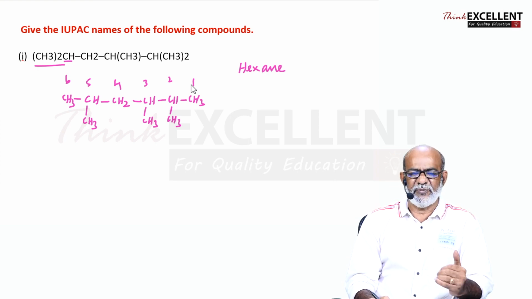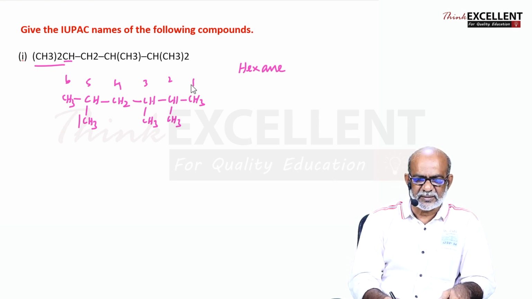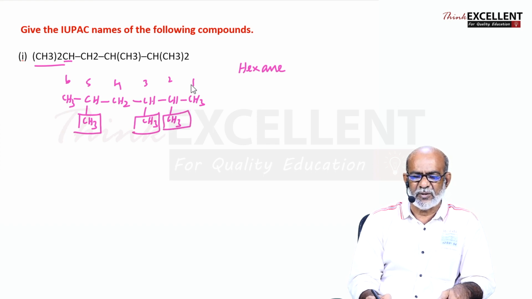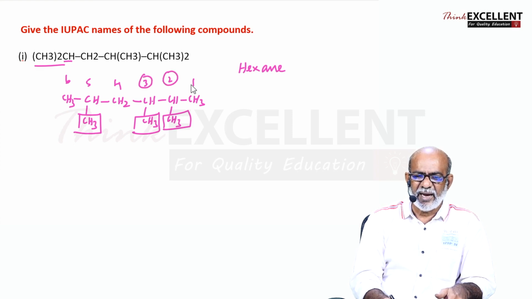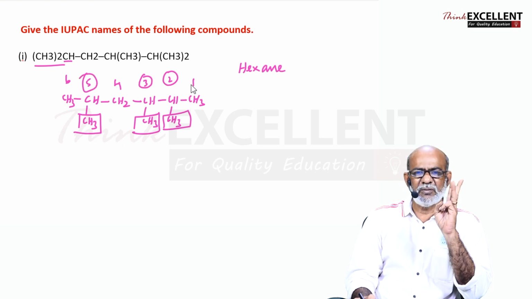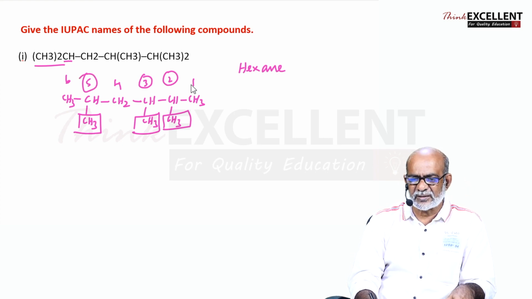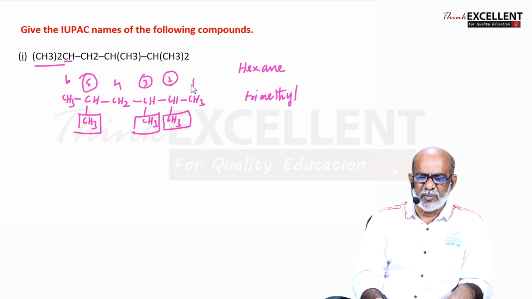Now I will come to the prefix. So I take the branches. This methyl is one branch, this is another methyl branch, and this is another methyl branch. Now I start from the right hand side: the second carbon has one methyl, the third carbon also a methyl, and the fifth carbon also a methyl. So there are 3 methyls, that's why trimethyl, a prefix word. They are present at the second, third and fifth carbons. So 2, 3, 5.